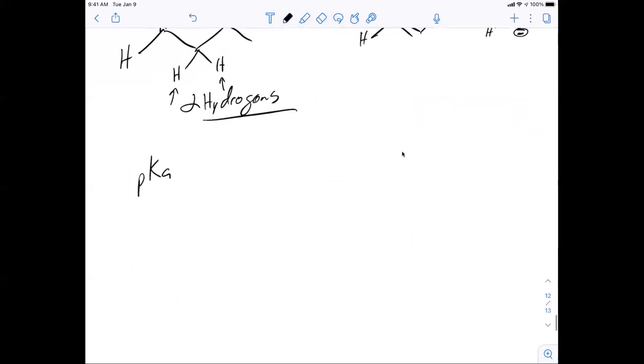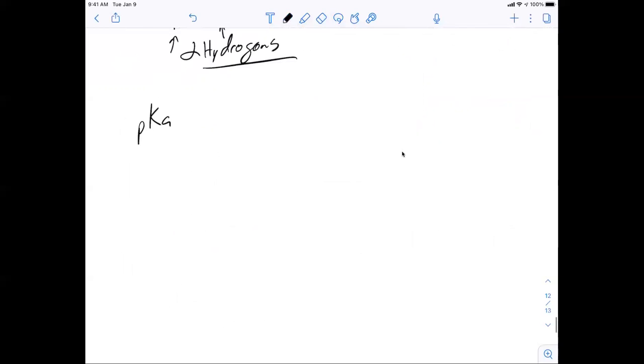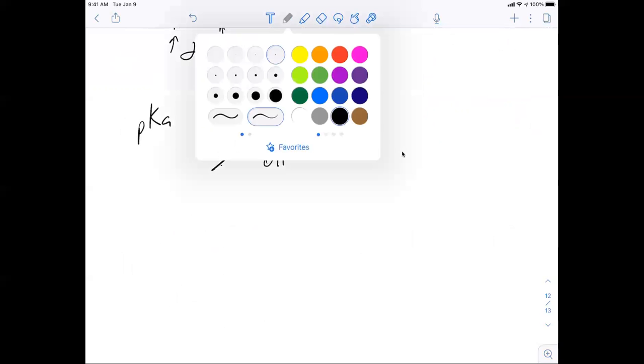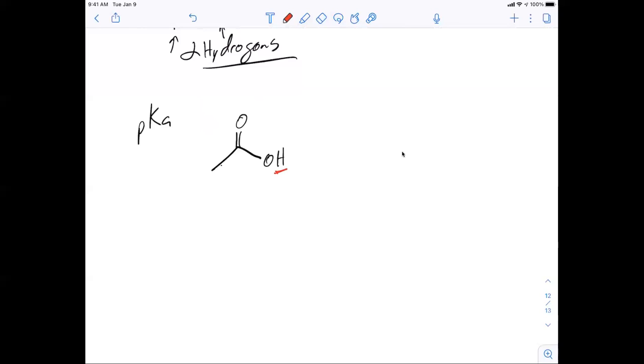So we need to understand the pKa's of these. So we're going to do a little bit of referencing. If we look at the pKa of an acid, our pKa here is about 5.